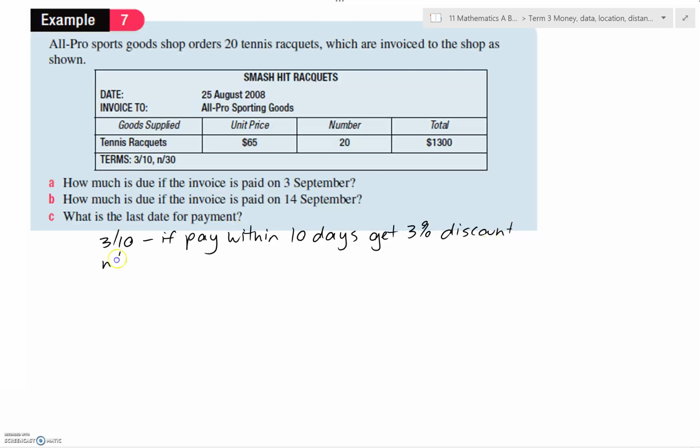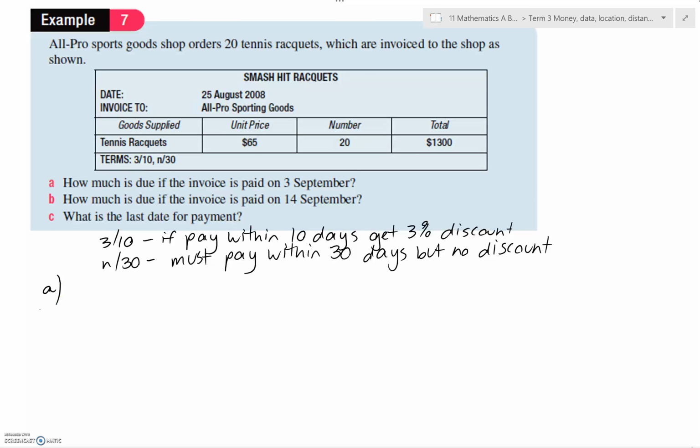And N/30 means must pay within 30 days. 30 days is a really common time frame that customers have to pay their invoice within. And it means they can keep their money in that time frame and do whatever else they want with it. So must pay within 30 days, but no discount is offered, which is pretty standard business.